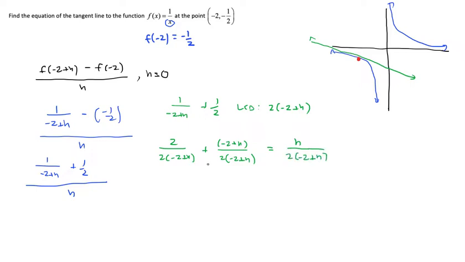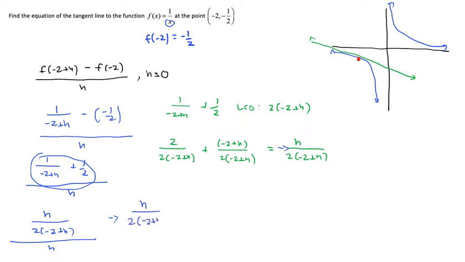Now we'll go back here. We know what this part equals, we just did that work on the side. So we end up with h over 2 times -2 plus h. But notice we still have this divided by h down here. If we change this into a division problem, it's divided by h over 1 essentially.